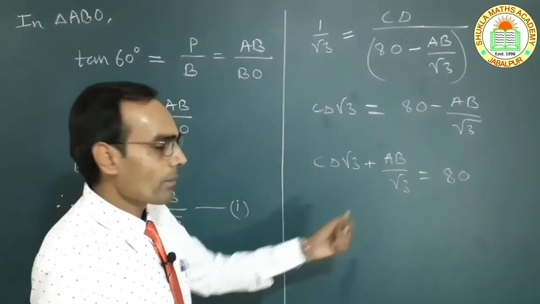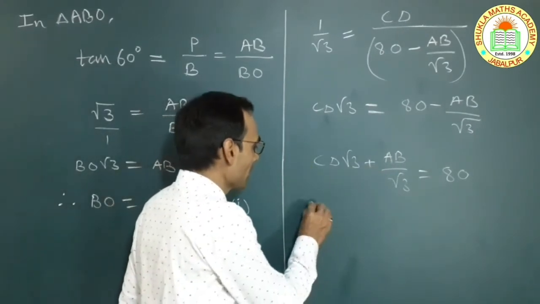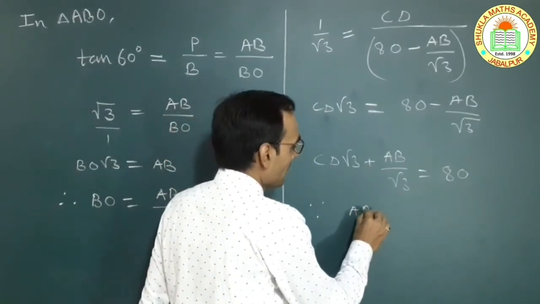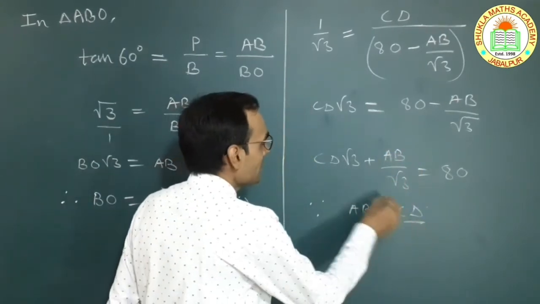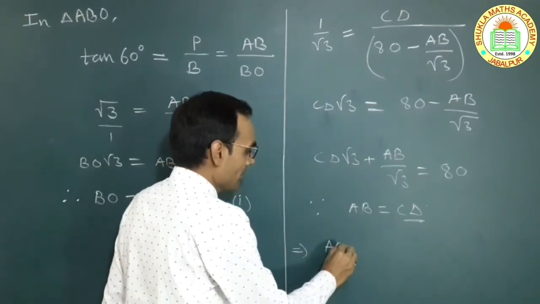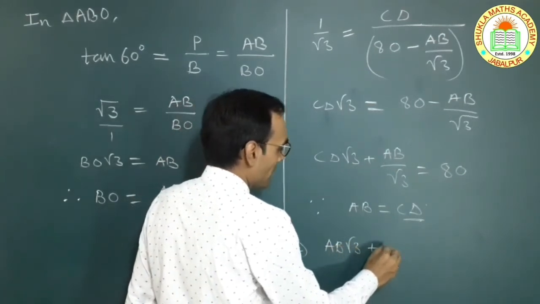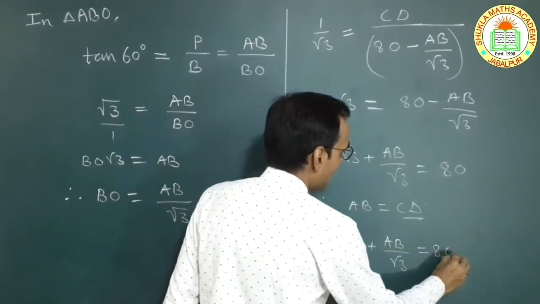In this equation, CD and AB both appear, and in the problem AB equals CD. So in place of CD we take AB. This becomes AB into root 3 plus AB by root 3 equal to 80.